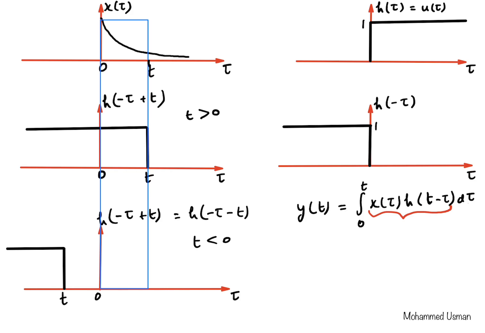And in that interval 0 to t, the value of h of t minus tau is equal to 1. This height is equal to 1 over here. So this height here is basically equal to 1 for 0 to t. So x of tau into h of t minus tau is basically x of tau when we are in this range 0 to t.